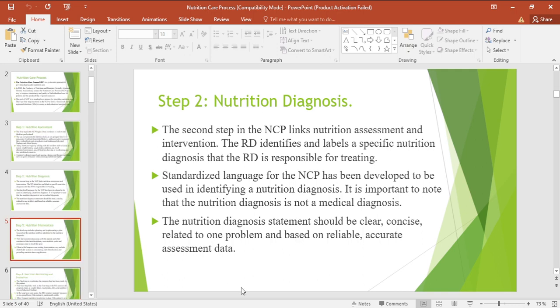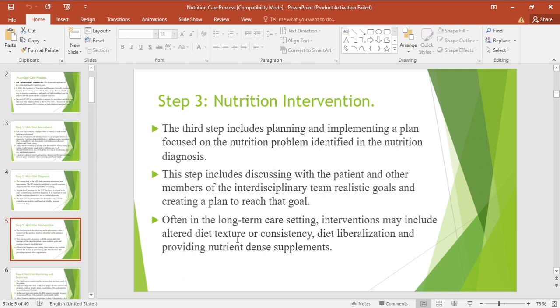And the third step is the nutrition intervention. This one includes planning and implementing a plan that is focused on the nutrition problem that you have identified in the diagnosis. It also includes discussing with the patient and other members of the interdisciplinary team to set realistic goals and create a plan to reach those goals.